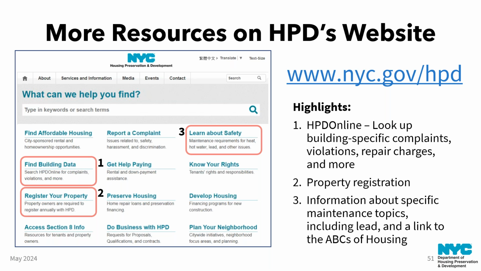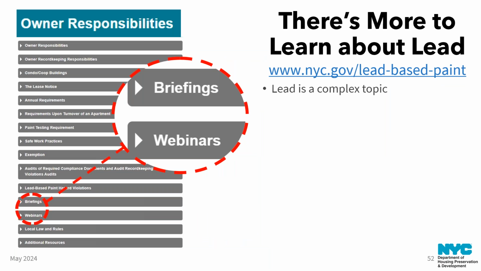If you have questions about registering your property or updating your property registration, we have a page there. And we have lots of information about safety and maintenance, including a really helpful booklet called the ABCs of Housing. That booklet has a wealth of information, including some not-for-profits that are there to help building owners. So that's something for you to take a look at.